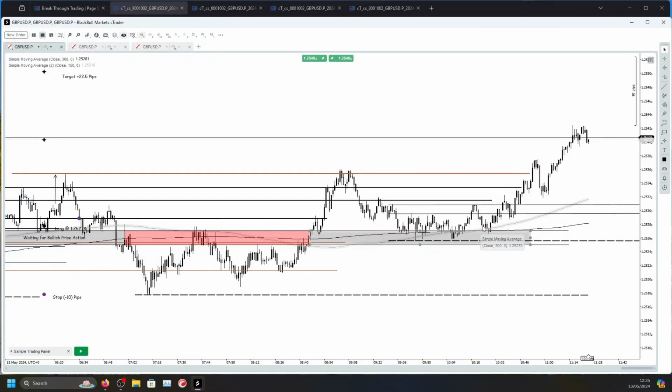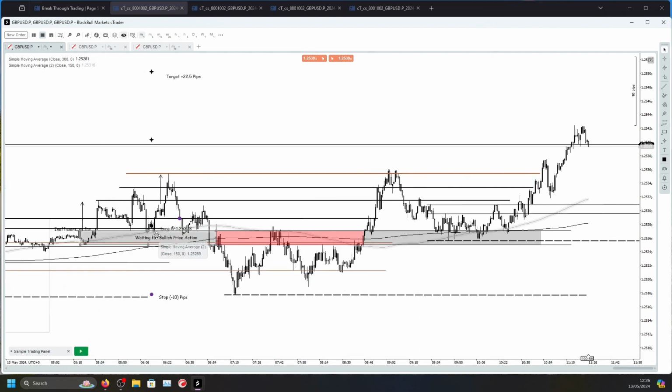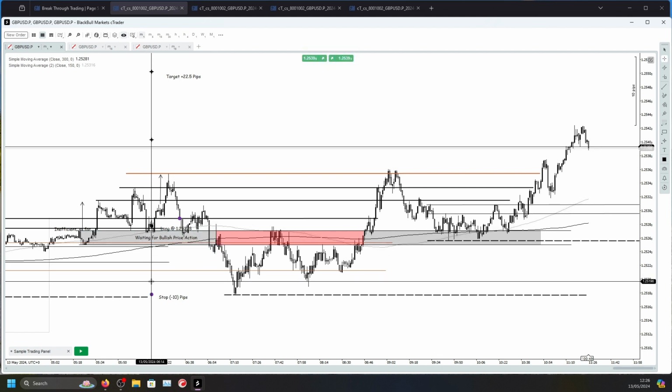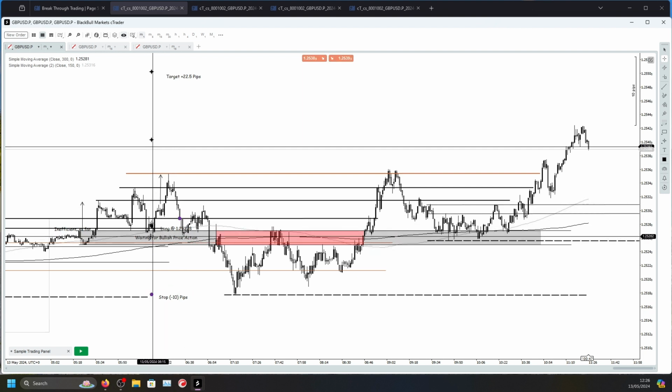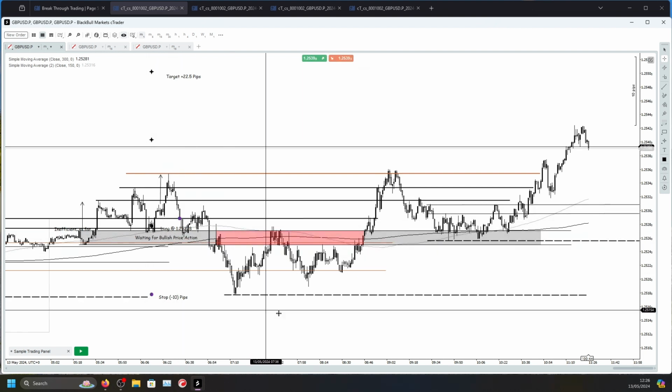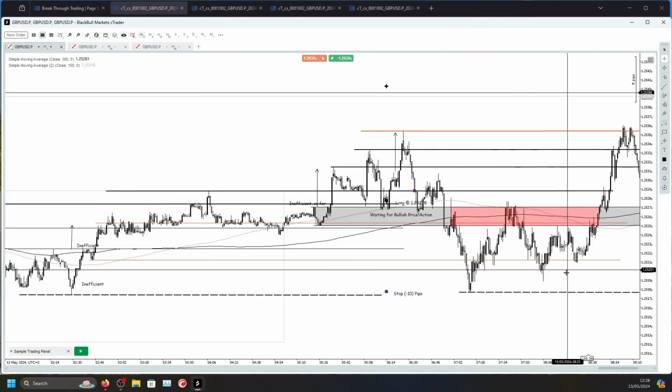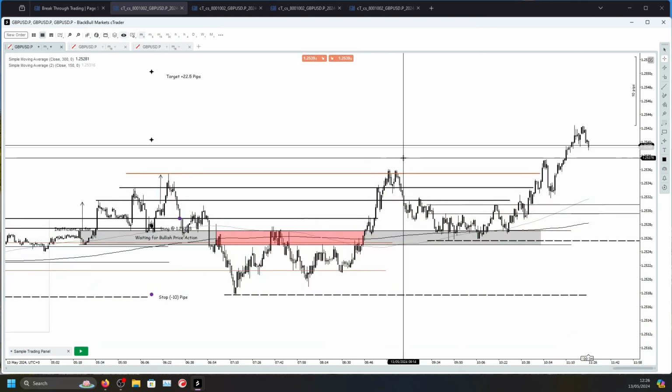And then you see we get this break through this level again. To be honest with you, if I'd been back earlier, I'd be looking to go back in long in this area, because this is where I was looking to take my long at 7:14, 7:15 this morning. Price came back, filled in the inefficiencies here, and then went.